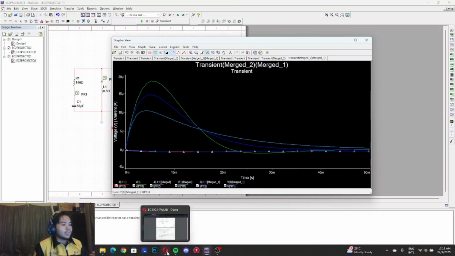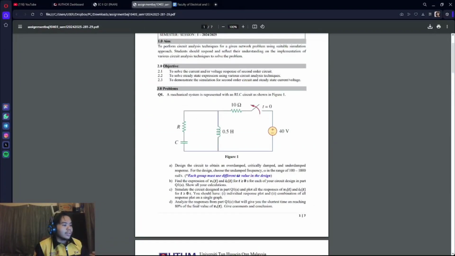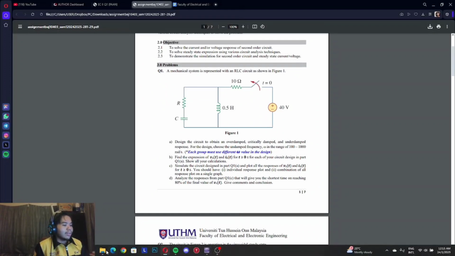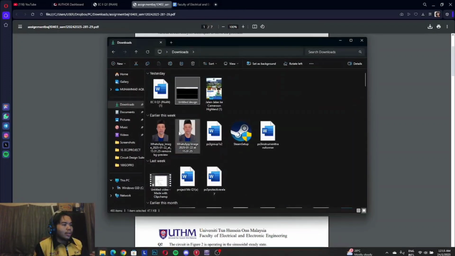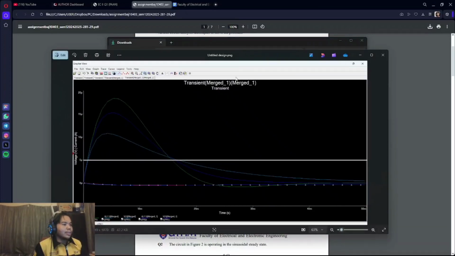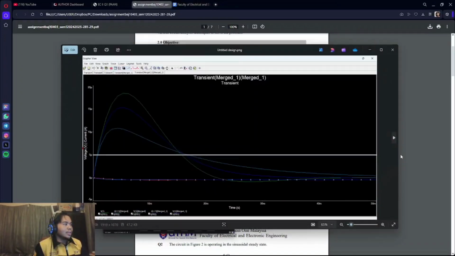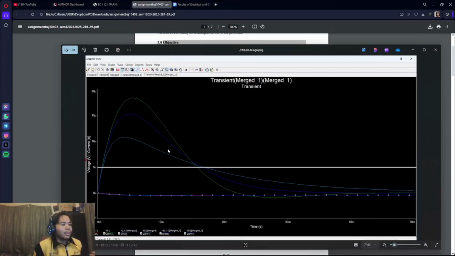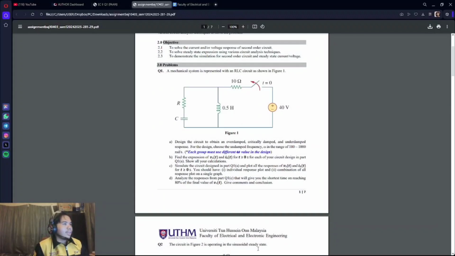So we need to check and analyze the shorter time reaching 80%. So I have done the line. This is the picture for 80%. As we can see, overdamped goes first, and then it hits the critically damped, and lastly is the underdamped. Okay, that's all for question 1.